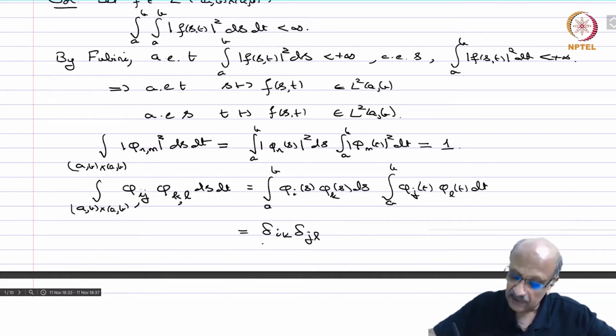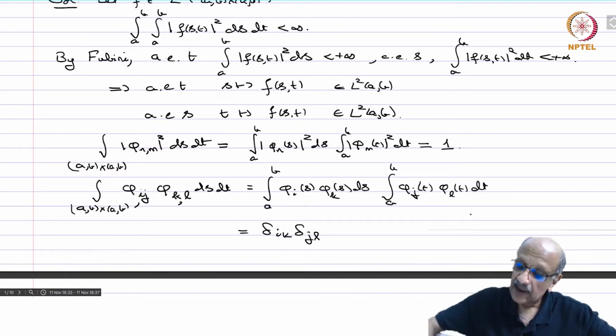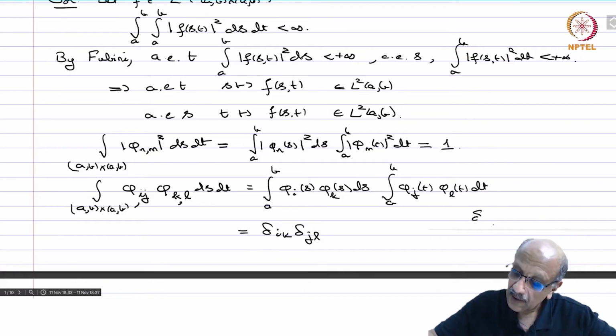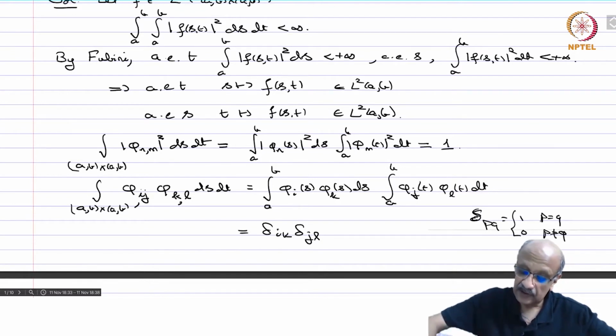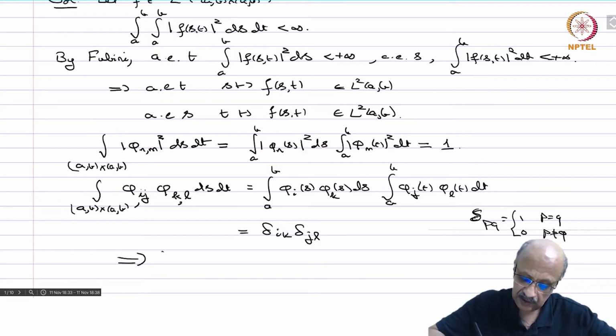Delta is the Kronecker symbol: delta pq equals 1 if p equals q, 0 if p is not equal to q. Therefore unless ij equals kl, this will always be 0. Even if one of the two indices is different, this will be equal to 0, and therefore this shows that phi ij, ij going from 1 to infinity, is an orthonormal set.